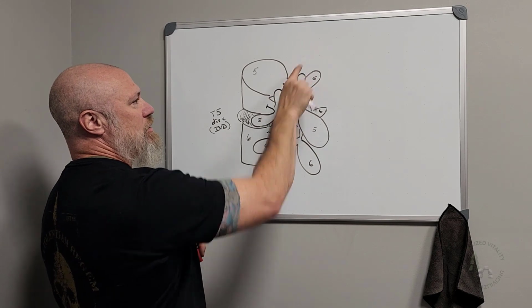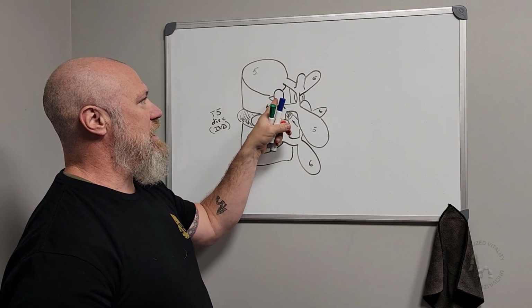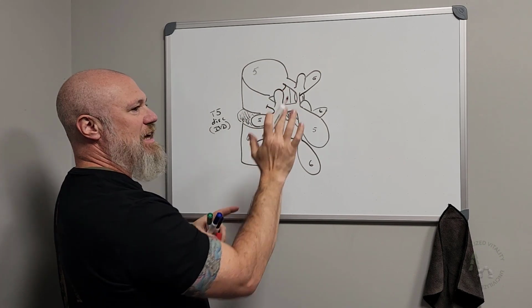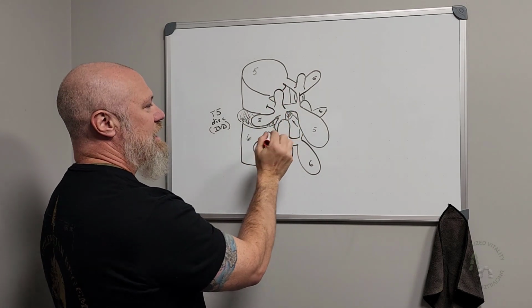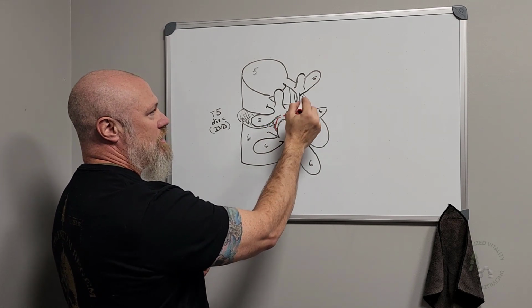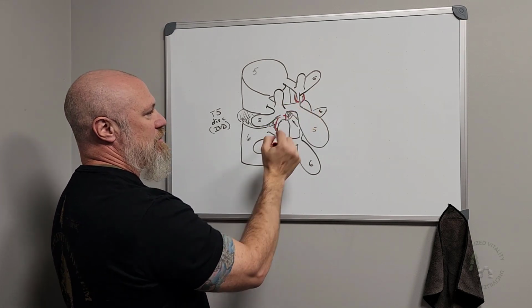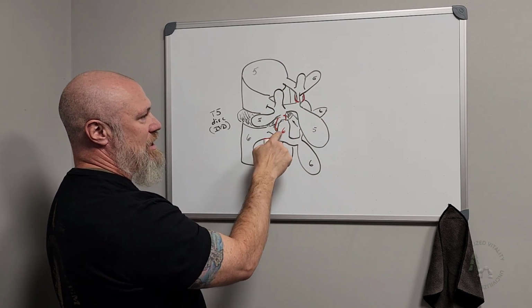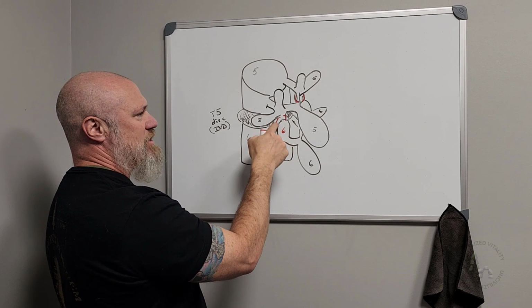We've got a superiorly oriented or superior articular process, another bony process that sticks up. And on the anterior surface of that, it would have a planar or facet joint. And then you have an inferior articular process that projects below and articulates with the superior articular process of 6, which faces forward.